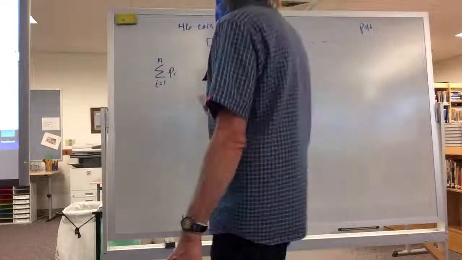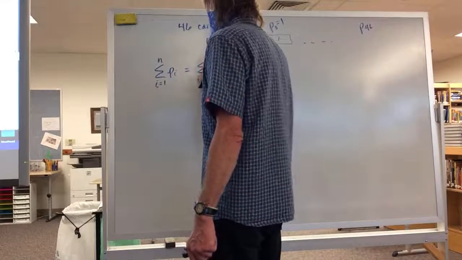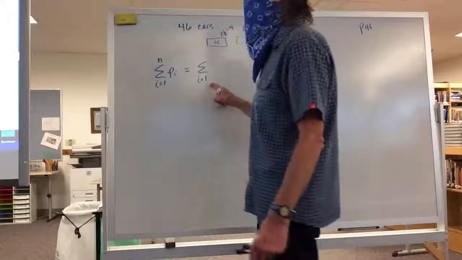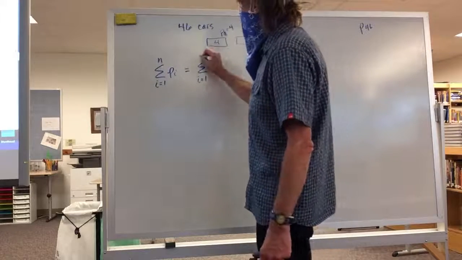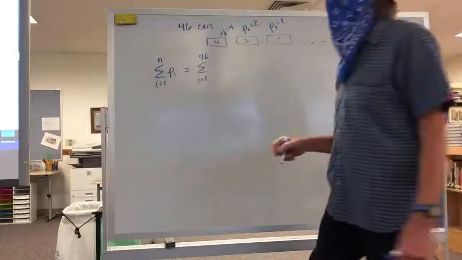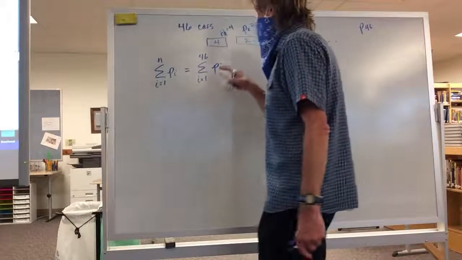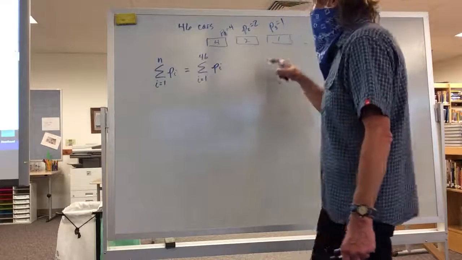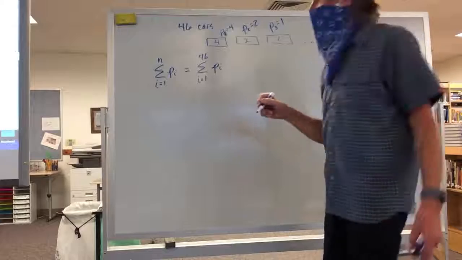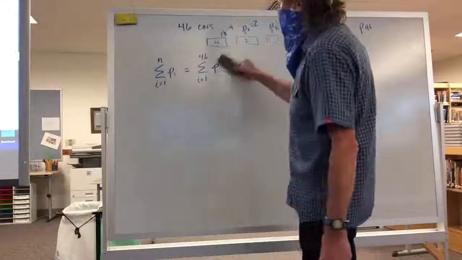So if we rewrite this, i equals 1 means that we're beginning with the first car. The n is 46, which means that we're going to count all 46 cars. And then p sub i is each of these cars that gets added together, in terms of how many people are in them.